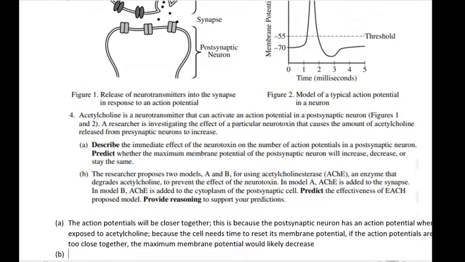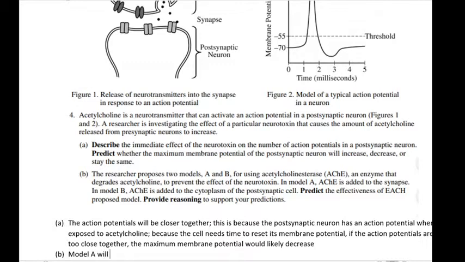So a thing to watch out for here. This question is not asking which one will be more effective. It is asking us to predict the effectiveness of both of them. So we need to address them both. For Model A, let me rephrase that.